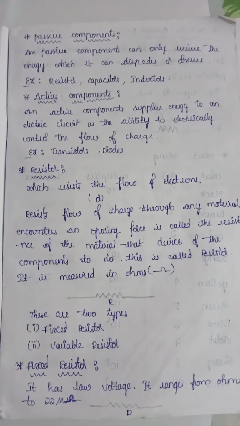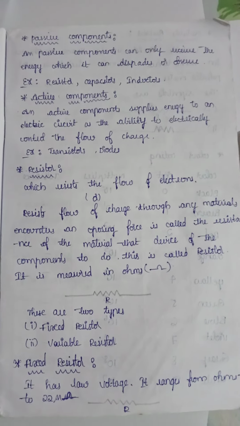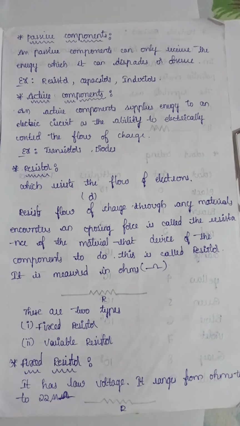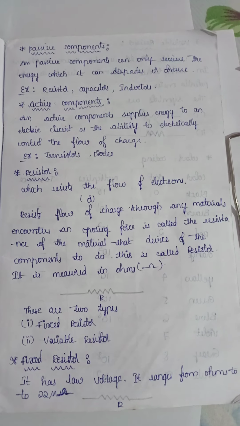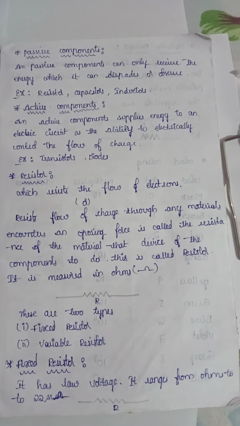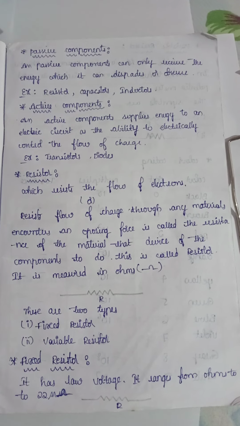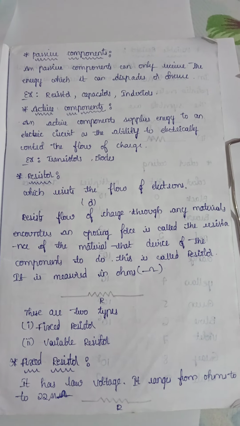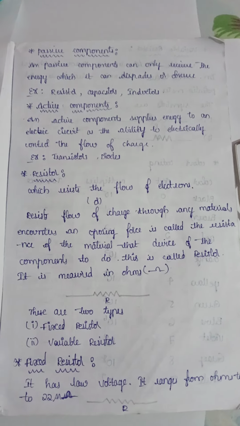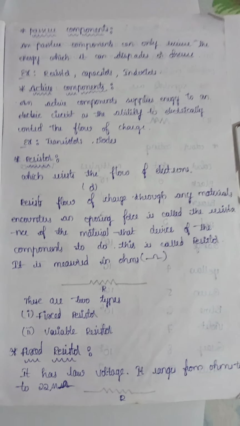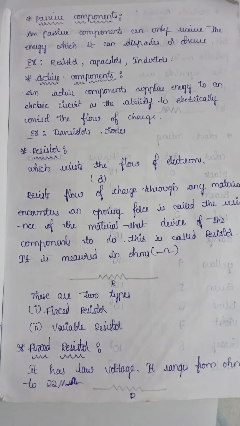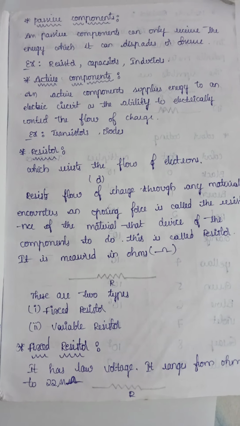Next, passive components. A passive component can only receive the energy, which it can dispatch or absorb. In passive components, it only receives or absorbs the energy. Example, resistor, capacitor, inductors.